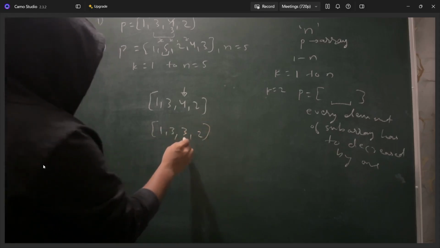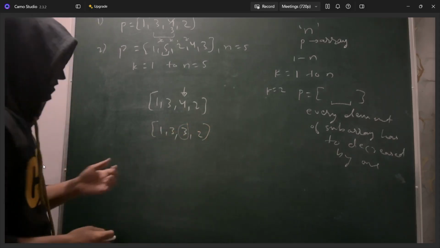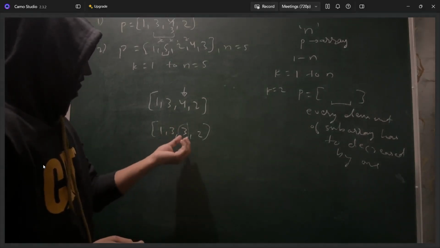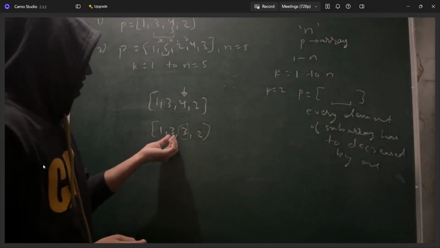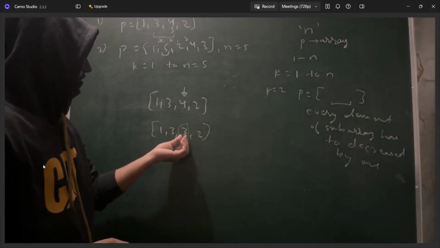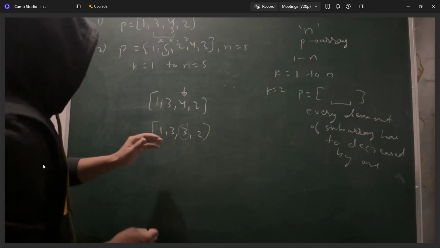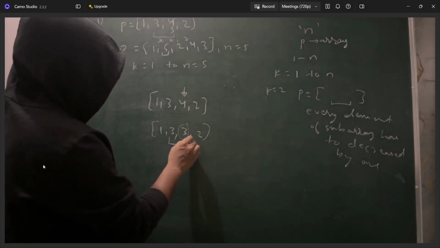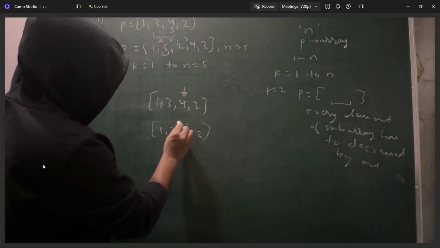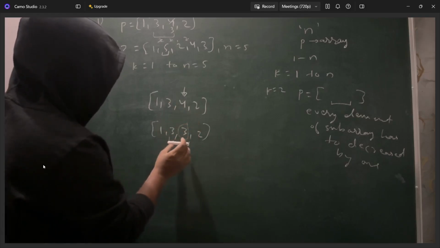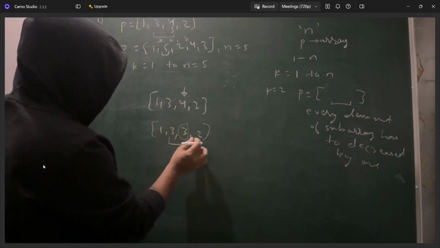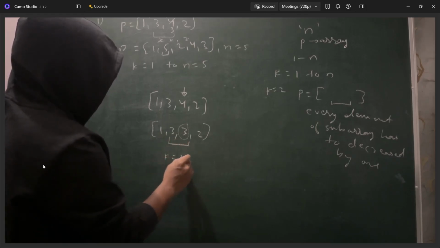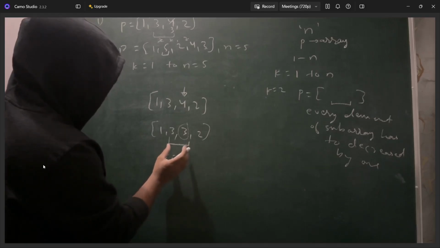Now from this element you want to find the decreased value, whether it is present on the left side or right side or not. If it is present on the left side, which means for the largest element I decreased, that was k is equal to 1. When I'm checking the left hand side and right hand side, I'm taking care of k is equal to 2, which means 2 subarrays.